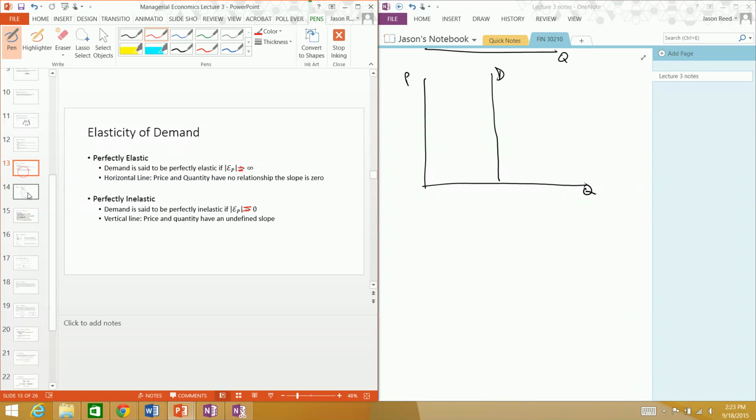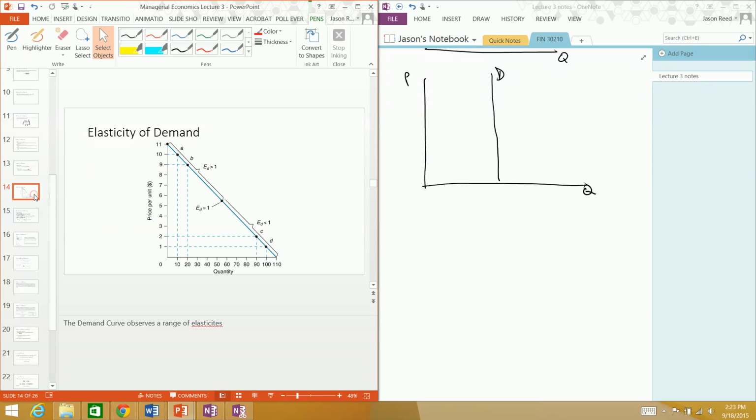So someone astutely might think, well, if we're dependent on proportionate price changes, does a linear demand curve actually have the same elasticity everywhere? And the answer would be no. We observe that in a demand curve, we have a range of elasticities. At the higher ends of prices, we tend to see that these goods tend to be more elastic, whereas at lower price points, we have inelastic.